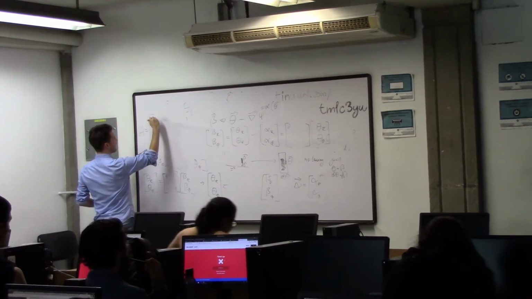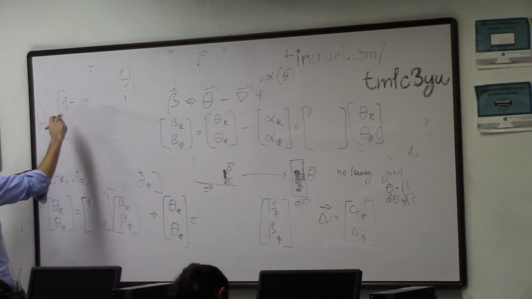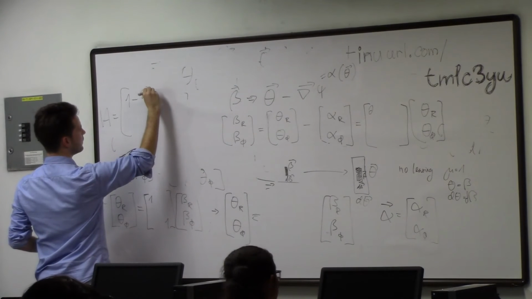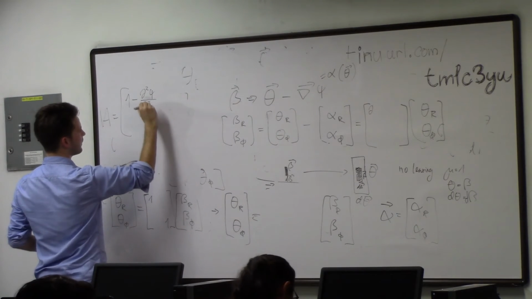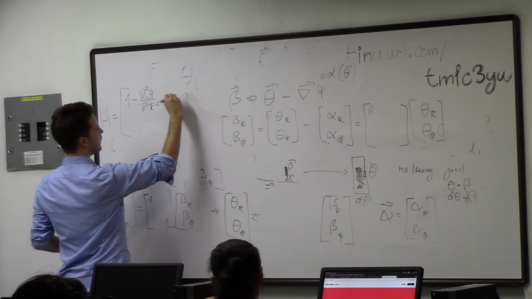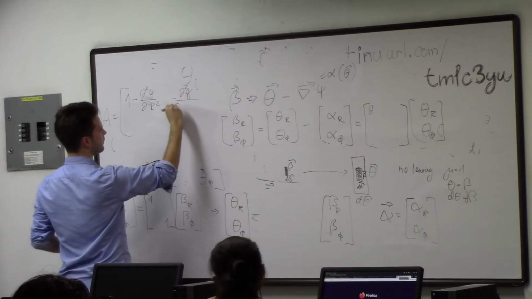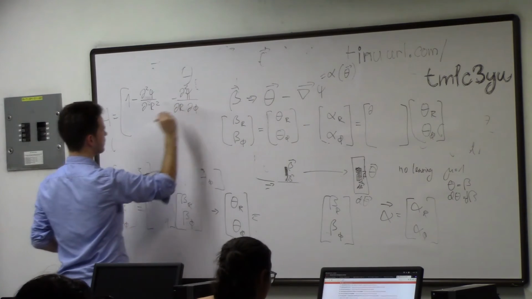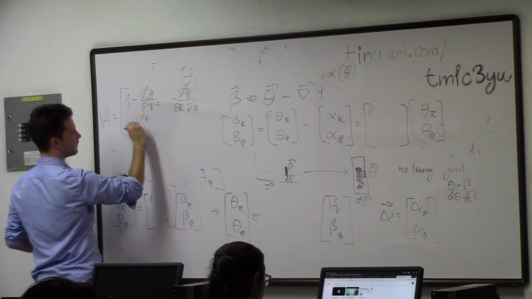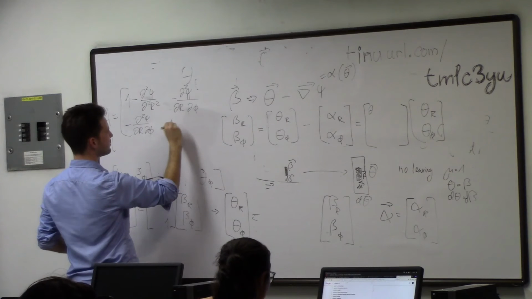So you can think of it as, on the rr axis, you have the sigma square phi over sigma square r. Here you have minus the cross terms. Sorry, we will actually not use this.